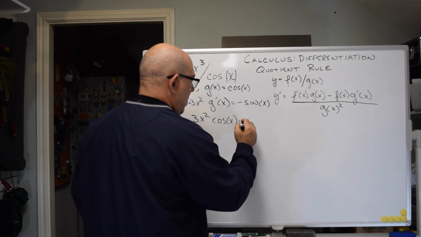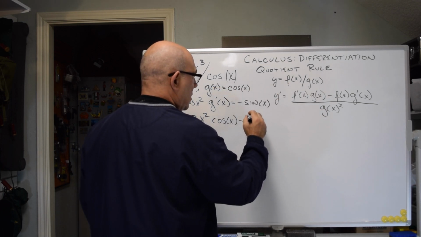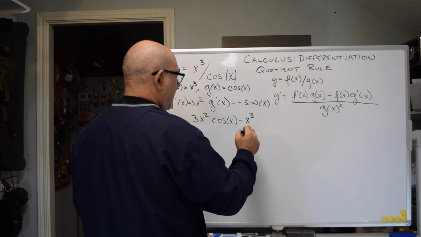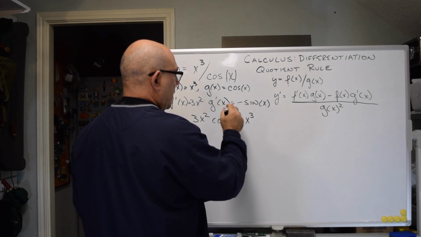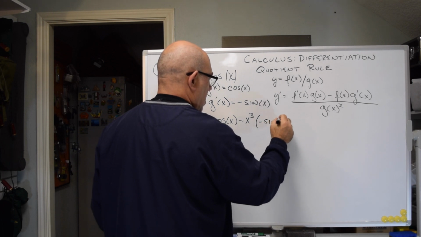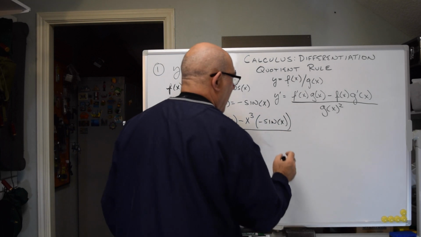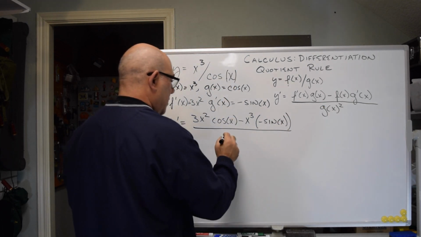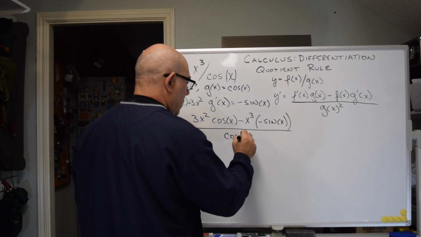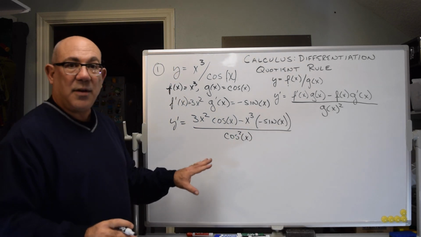So we have minus f of x, which is x cubed, times the derivative of g of x, which is minus sine of x. Then we have to divide that all by g of x squared, which is cosine x squared. Okay, so now we've got everything we need.